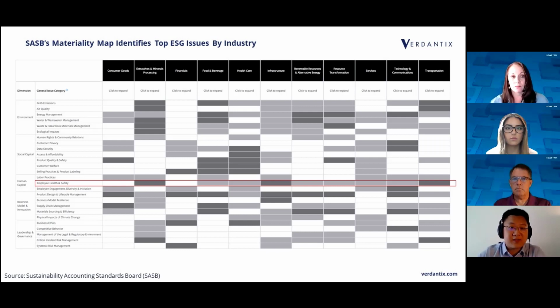And that would be extractives, food and beverage, transportation as the top three. If you're in the technology sector, for example, energy consumption of data center, the customer privacy, the employee diversity, equity, and inclusion factors would be ESG issues considered more material as a result of SASB's engagement with different asset owners, asset managers, and investors.